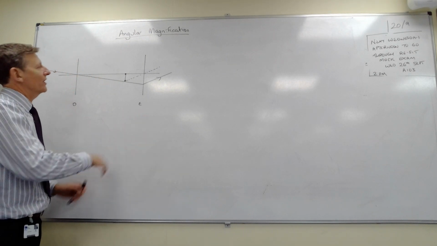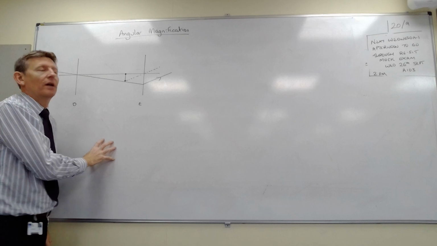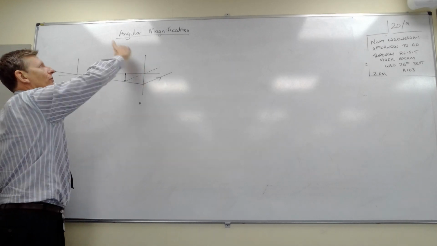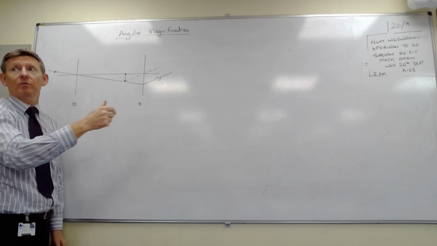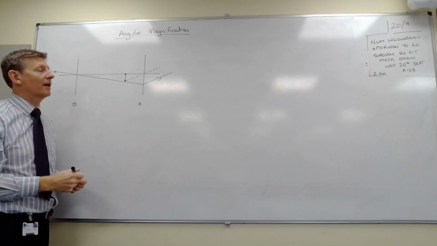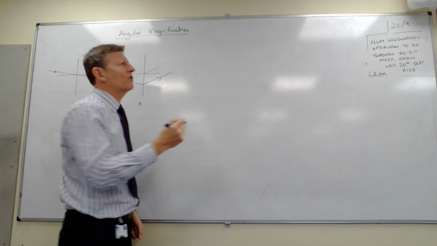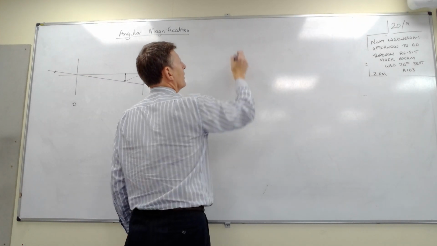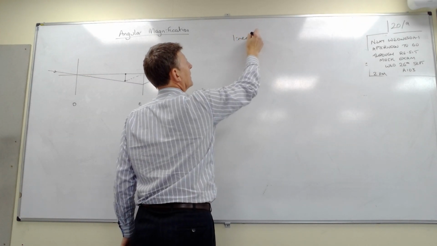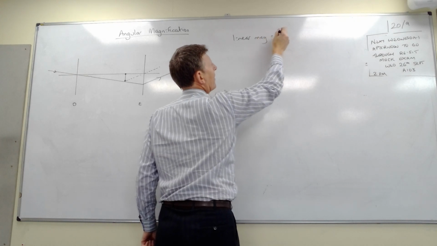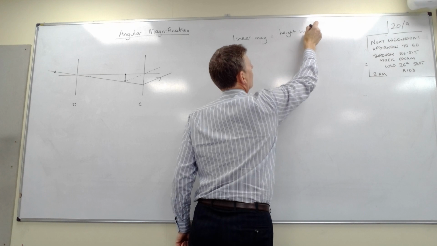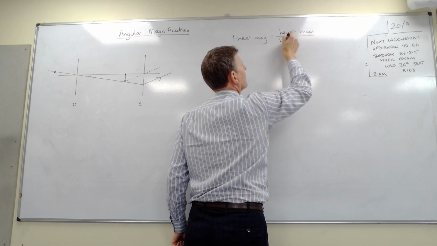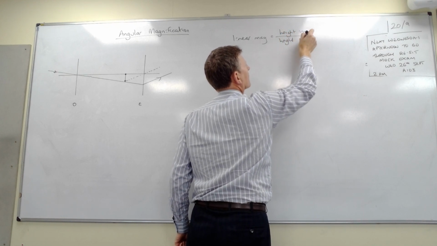So this is the rays through the telescope, and what I'd like to do is go through the angular magnification of the telescope and then relate that to the measurements you took when you built that telescope on Friday. Magnification normally, what you'd associate with is what's referred to as linear magnification, and that's the height of the image over the height of the object.